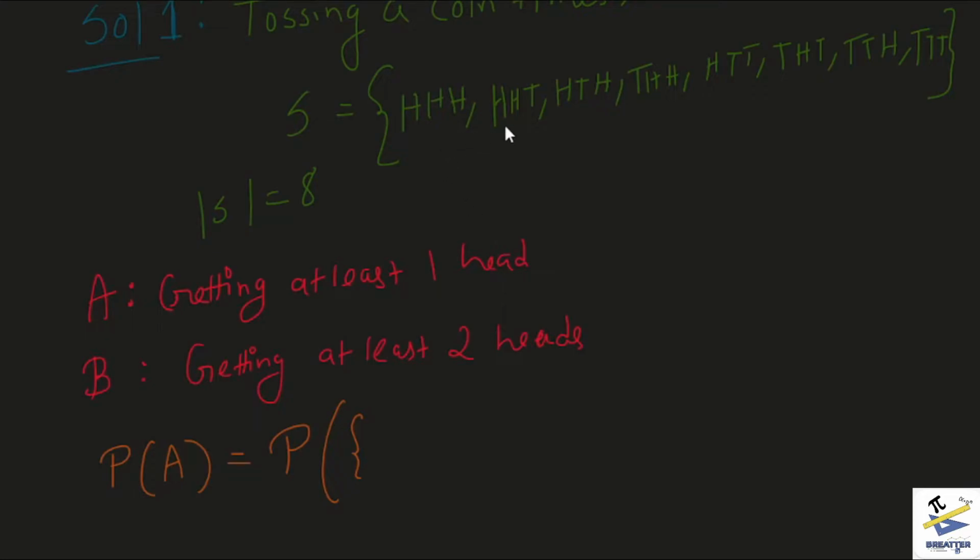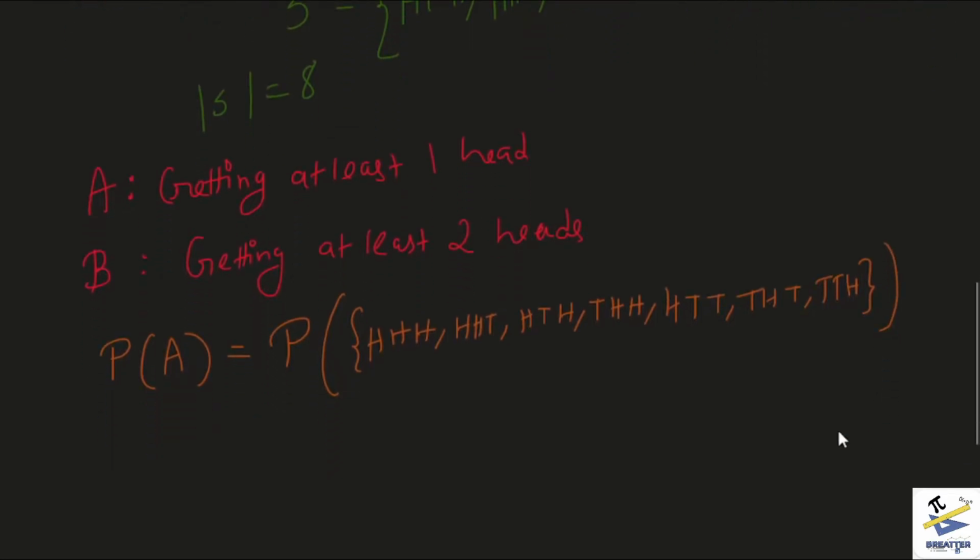We include everything that has at least one head: HHH, HHT, HTH, THH, HTT, THT and TTH. How many entries are there? There are 7 entries. So the probability of this set by the classical definition of probability should be the size of this set, which is 7, divided by |S|, which gives you 7/8. So this is the probability of A.